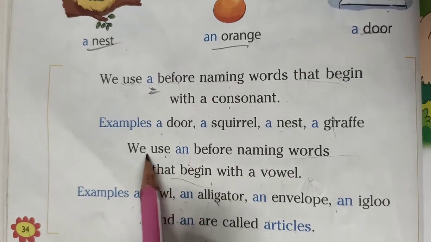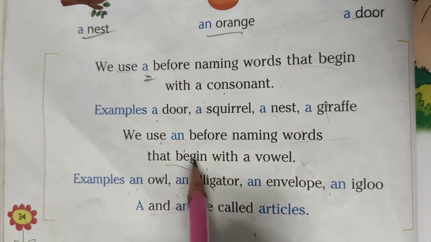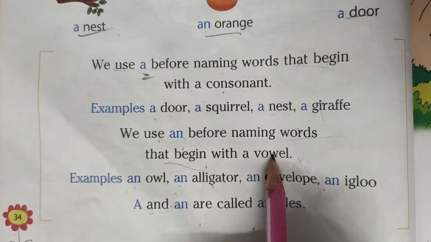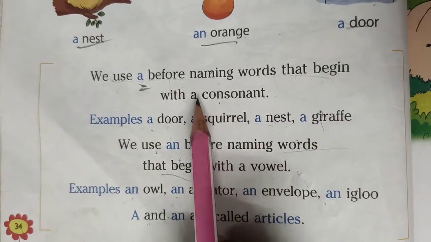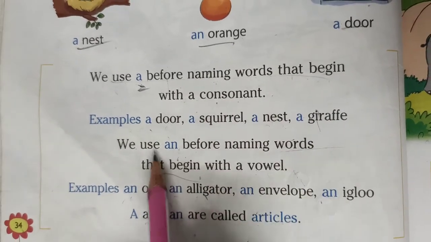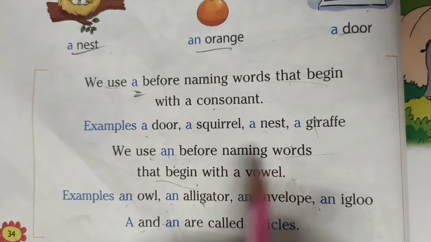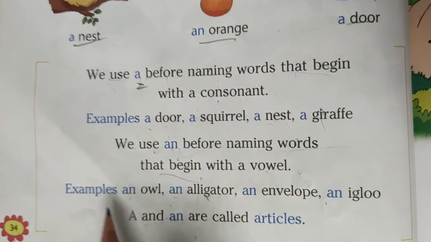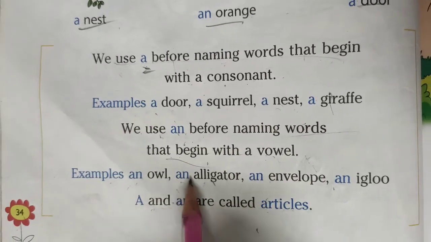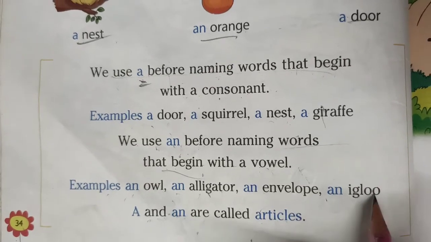Then next we use an before naming words that begin with a vowel. Example, an owl, an alligator, an envelope, an igloo.